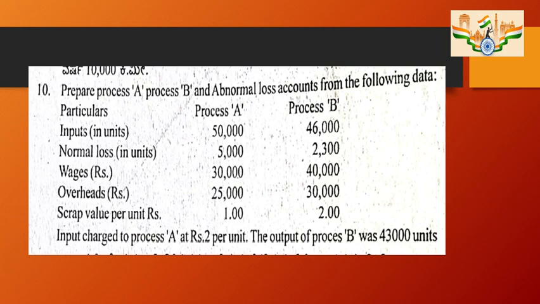Wages 30,000, 40,000. Overheads 25,000, 30,000. Scrap value per unit 1, 2. Input charged to process A at rupees 2 per unit. The output of process B was 43,000 units.